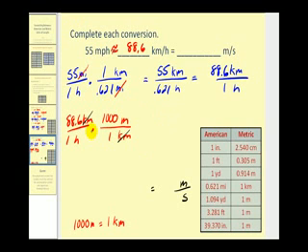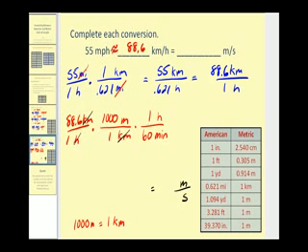Now we have to convert hours into seconds. So we'll take this one step at a time. If we want to convert hours into minutes, we know there's 60 minutes in 1 hour. Since we want the hours to simplify out, we'll have to have hours in the numerator, and our denominator is going to be minutes. The conversion is 1 hour equals 60 minutes.